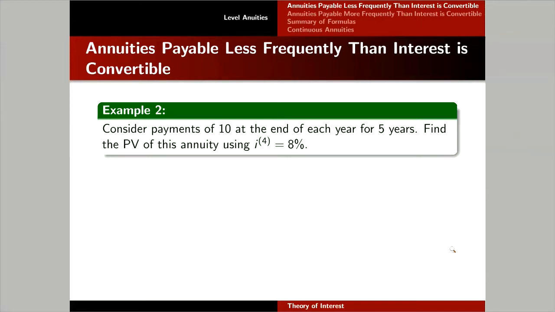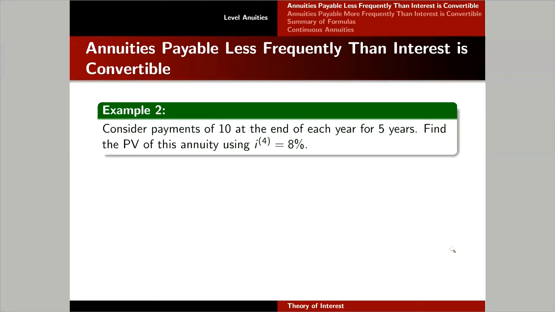Let's consider this example para mas ma-imagine ninyo. Consider payments of 10 at the end of each year for 5 years. Find the present value of this annuity using I upper 4 equal to 8%. What is the payment period? The payment period is every year, while the interest conversion period is every quarter.